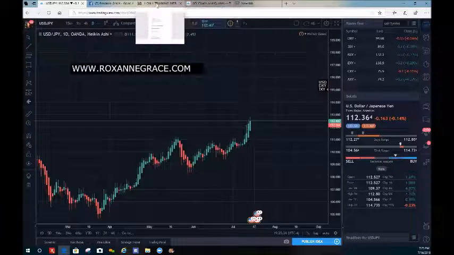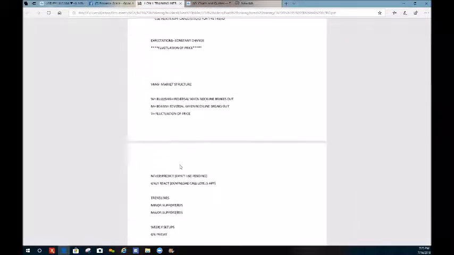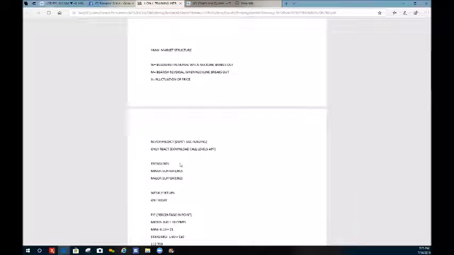Let's see here. So there's 3 patterns in market structure. You have the V, you have the W, and you have the M. Now, there's no Q, there's no R, there's no S, there's no X, Y, Z. You guys, it is only a W, an M, and a V. Now, the W, which is also known as the double bottom, which you see right here, that's the bullish reversal when the neckline breaks out.